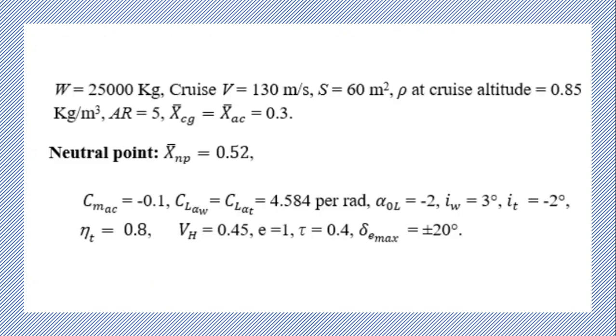Now next question, they have given you some details. They've given you the weight of the aircraft, the cruising velocity, the area, the density at the cruising altitude, aspect ratio. They've given you that the CG and the AC of the wing are at the same point, and it's 0.3. They've given you the neutral point. So is this aircraft stable or unstable?